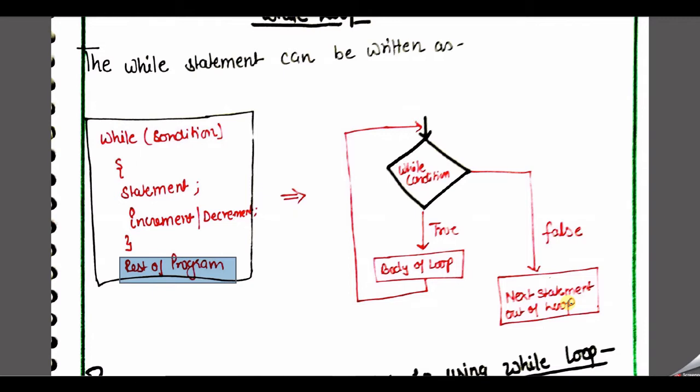If you start from the highest number, then you have to use the decrement function. If you start from the lowest number, then you have to use the increment function. And with the help of increment and decrement you make your condition true or false, and then you again and again check the true or false value of the condition, and work accordingly.